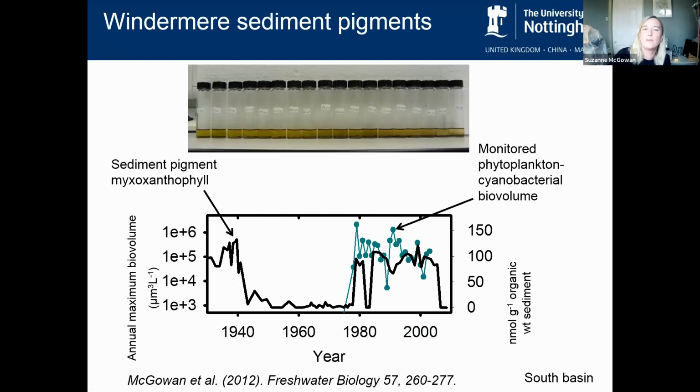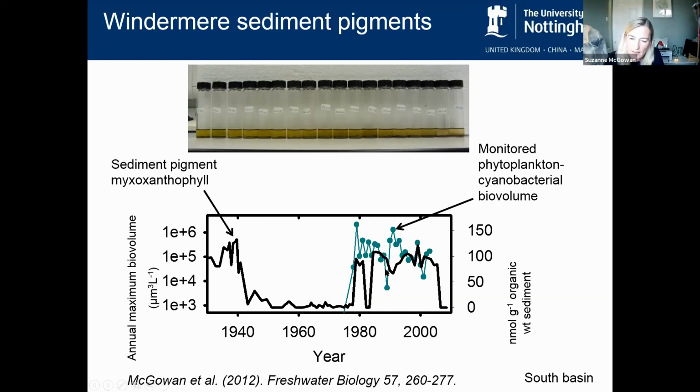So what I was interested in doing was seeing whether pigments worked in the sediment record, whether they recorded the same thing as what was being shown by the monitoring record. These are some pigment extracts from Windermere, and we've got the monitored data here in blue. This is showing the phytoplankton cyanobacteria.